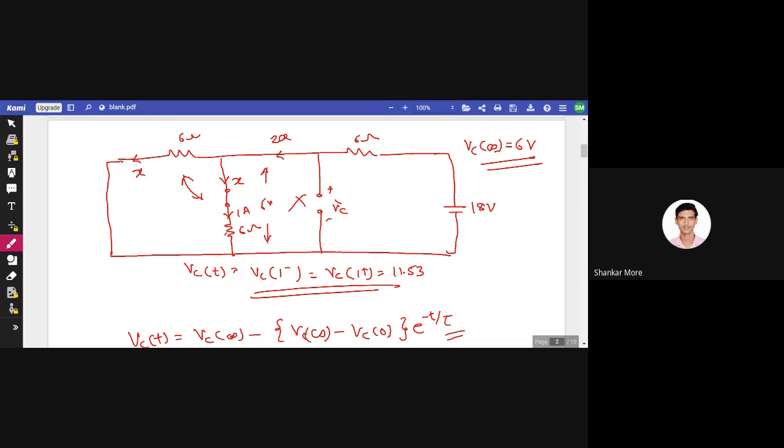So 18 divided by 9 should be 2 ohm, 2 ohm equivalent resistance. Do you agree with me, Aditya, Shardul? 2 ohm should be the equivalent resistance. Okay, wait, I'll just solve it.